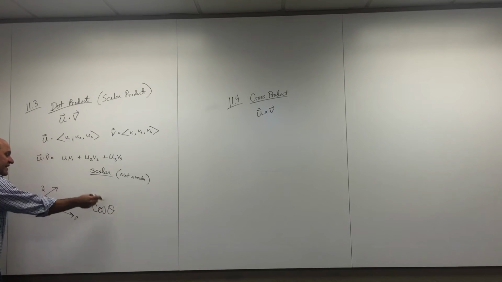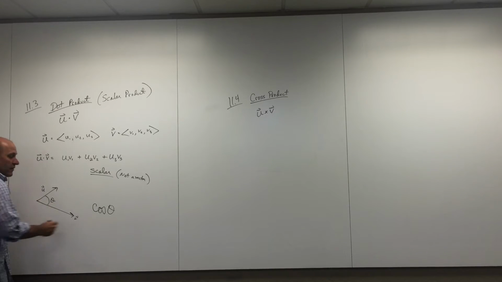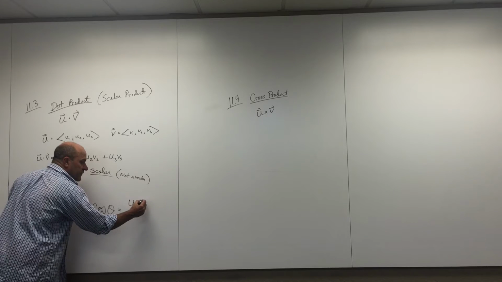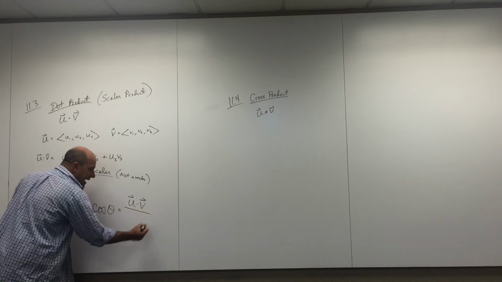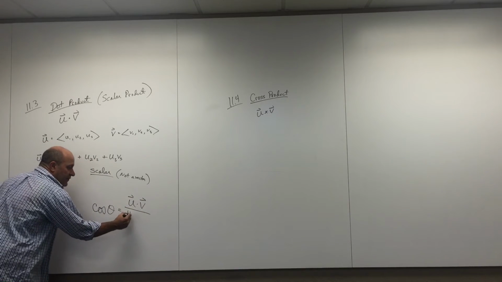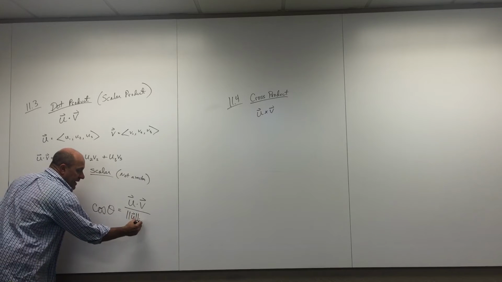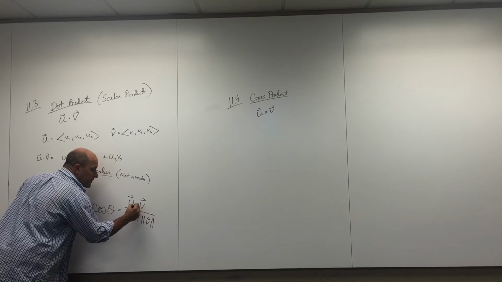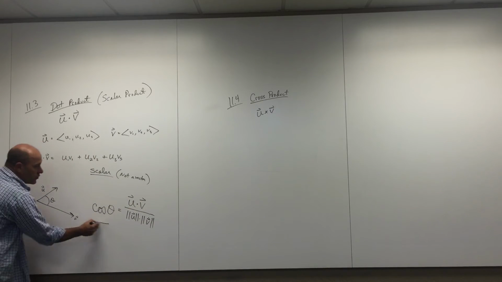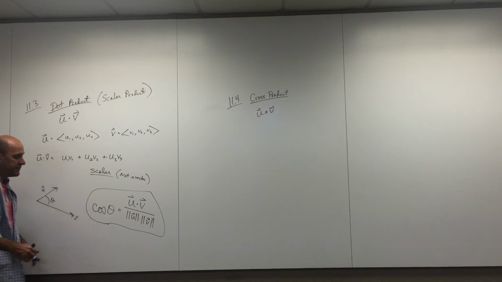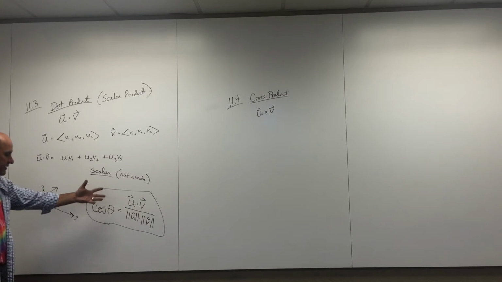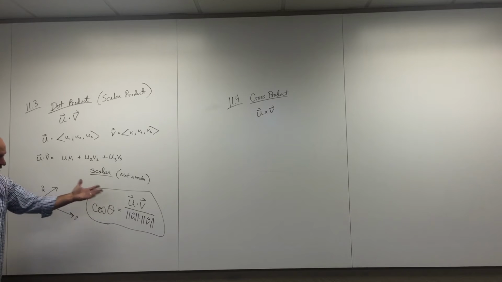The cosine of theta, the cosine of that angle, is the dot product of the two vectors divided by the magnitude of u times the magnitude of v. That's a cool little formula that uses the dot product, and it can help me find the angle between two vectors.